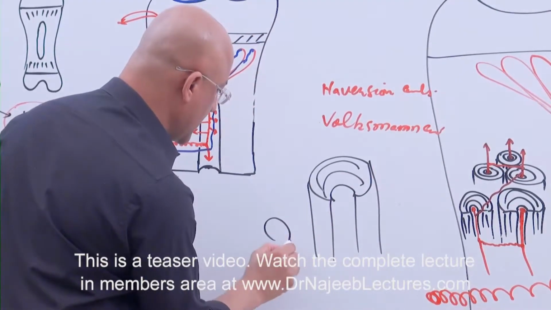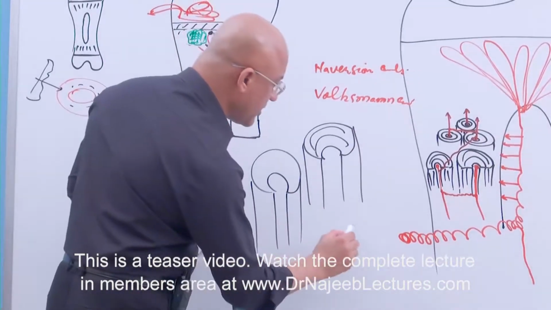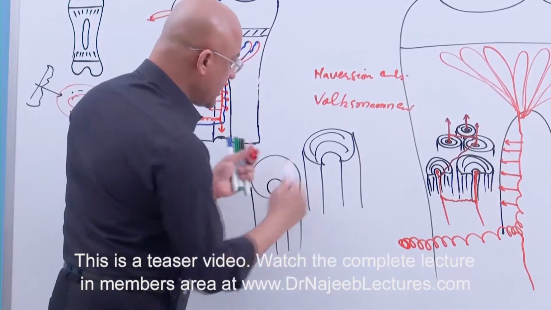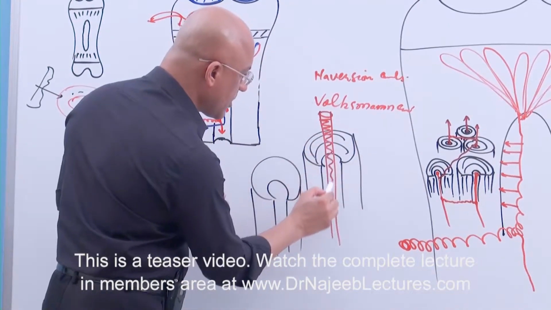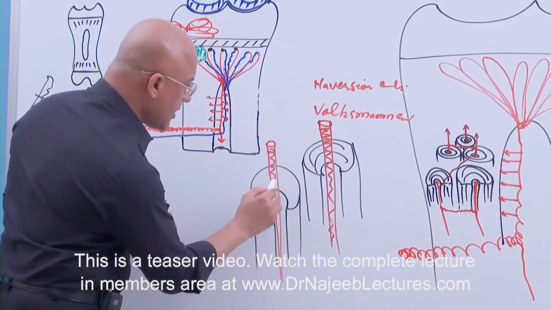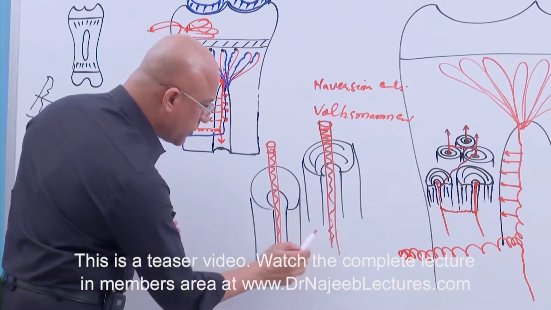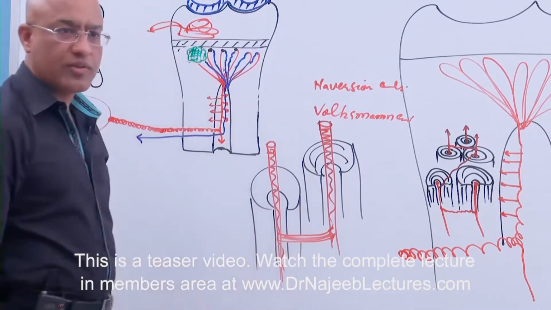There is another Haversian system here, or osteon with Haversian canals. Now, what did I show? This is the blood vessel here, and there is a blood vessel here, and they are interconnected through which? Volkmann Canal. Is that right?